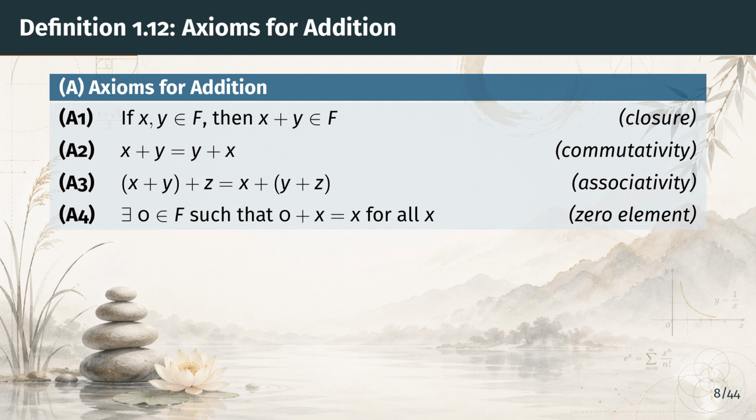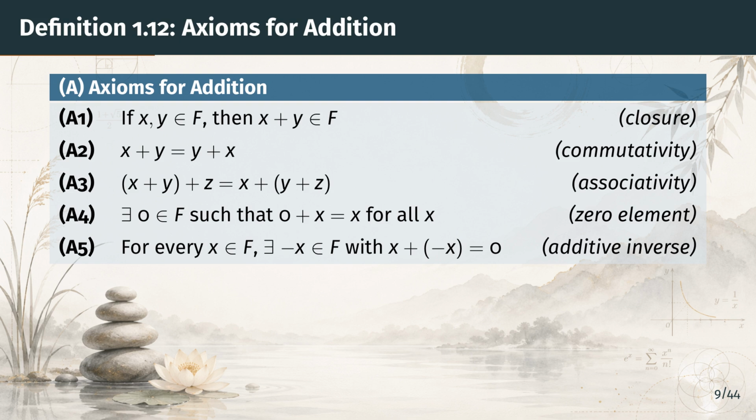One more axiom completes the picture for addition. The final addition axiom guarantees that every element has an additive inverse, denoted -x, whose sum with x is 0. Together, these five axioms say that the set F under addition forms what algebraists call an abelian group.